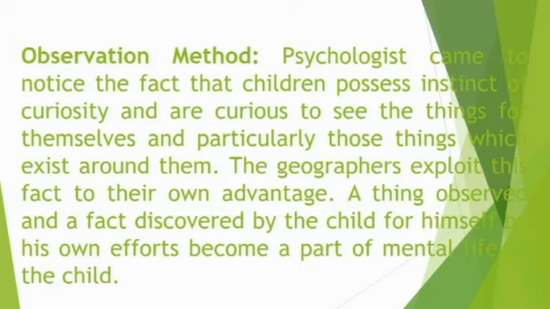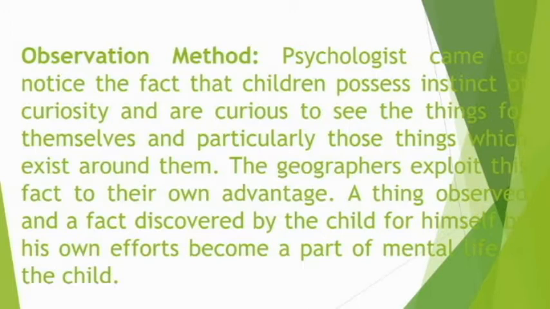We have the observation method. Psychologists came to notice that children possess an instinct of curiosity and are curious to see things for themselves, and particularly those things which exist around them. The geographers exploit this fact to their own advantage.